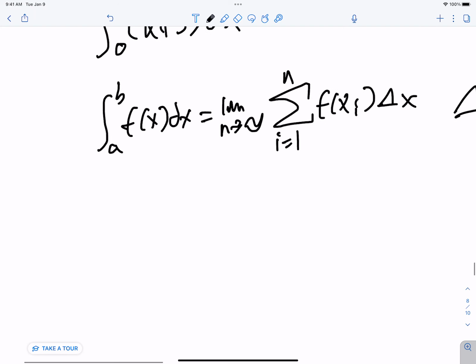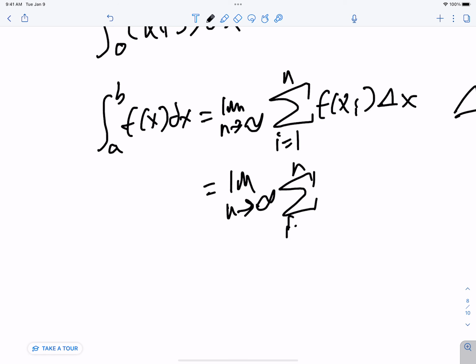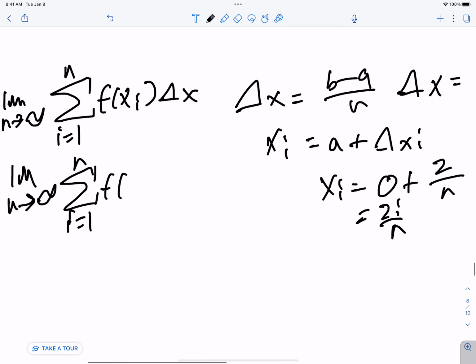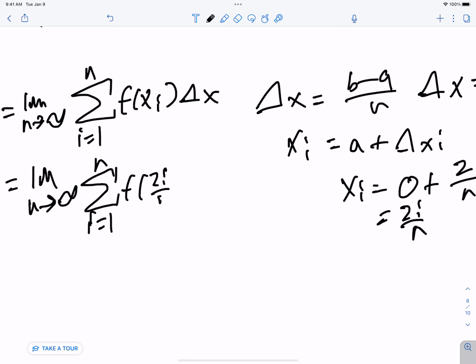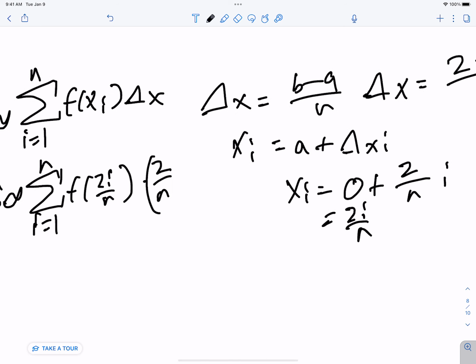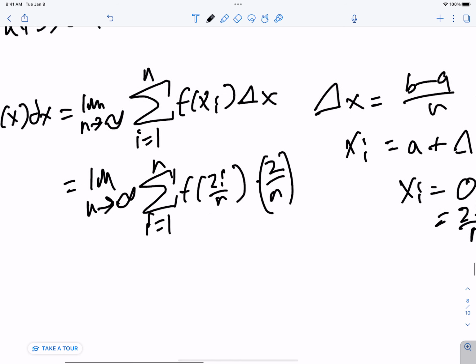Okay, so now we have all these values, we can just plug them in. For f of the ith index of x, we know that it's just 2i over n, times delta x, which is just 2 over n. And bear in mind that these are brackets.